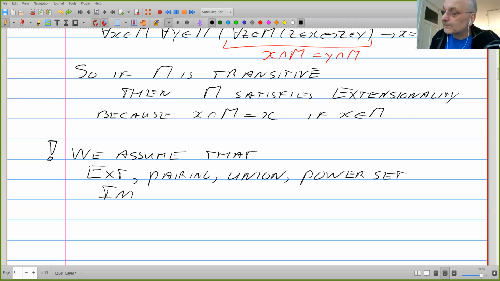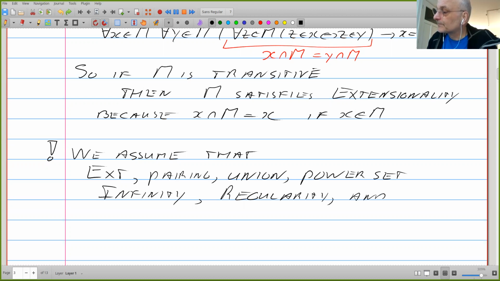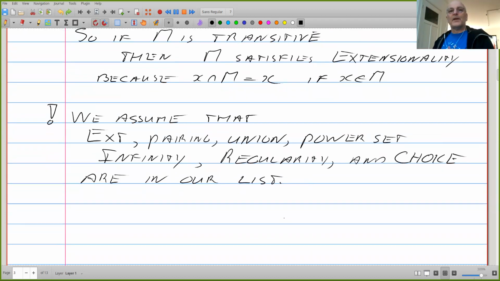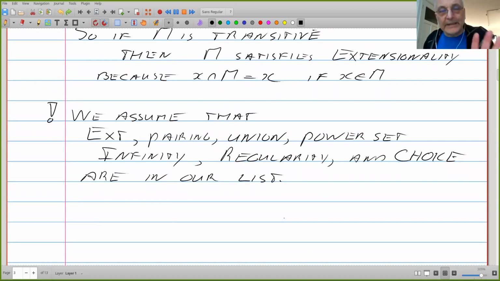Infinity, regularity, foundation, and choice hold. If they're not in our finite set, we'll add them. And the point is that if we add them and we get an M that satisfies these, how many are there? 1, 2, 3, 4, 5, 6, 7.